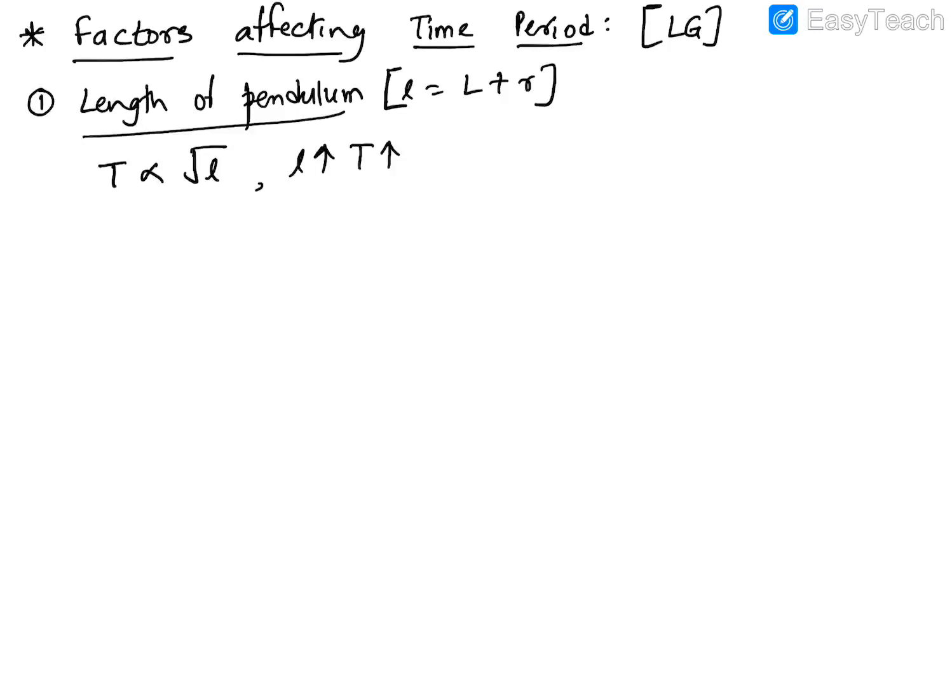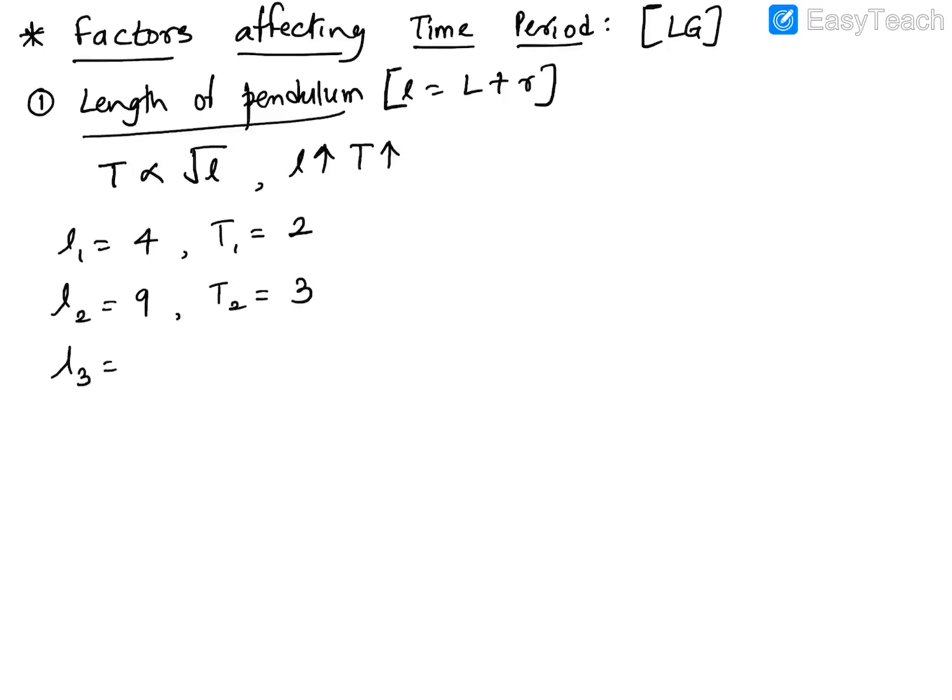Now, let's say you make the length 4 times, what's the effect on the time period? Square root of 4 is 2. How did I get the answer 2? You just put the value of L in that formula, root of L, root of 4, which is 2. Same way, if your length is made 9 times, then your time period becomes 3 times.